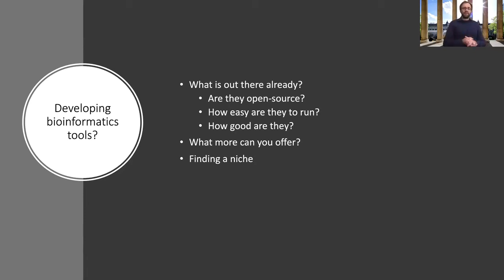It's a sad reality that a lot of software is basically published and then left to rot, and it's just good enough so that the reviewers of the paper will be able to run it, and a lot of the time the reviewers don't run it, they just look at the results and the output. So all that is to say there's a huge spectrum in the quality of software.